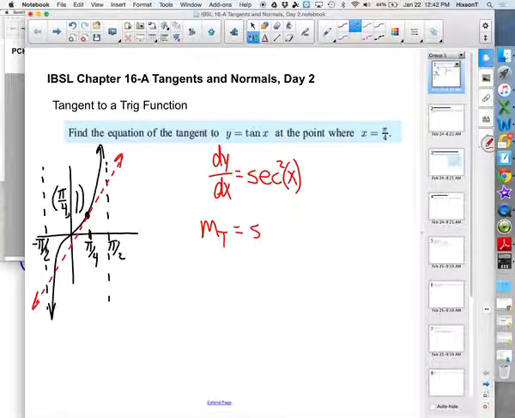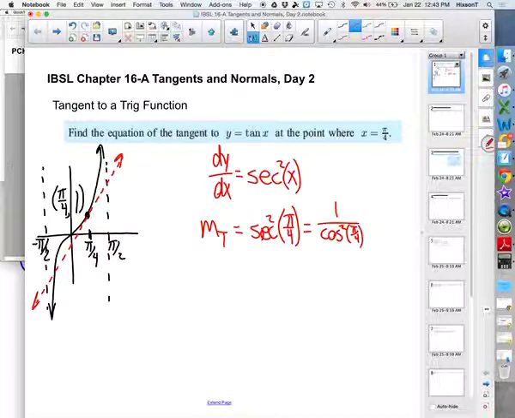That's going to be secant squared of pi over 4, and secant is 1 over cosine. Remember there's only one co in each pair, so sine goes with cosecant, secant goes with cosine. So 1 over cosine squared of pi over 4.